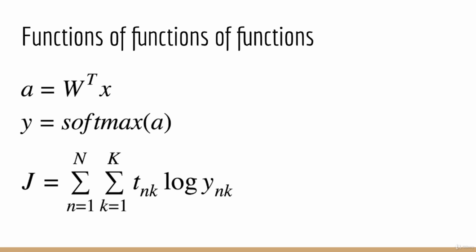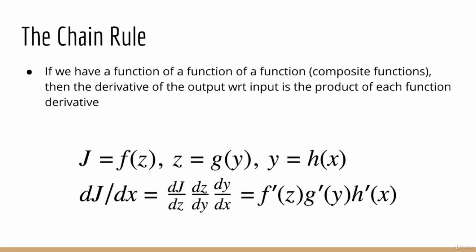The thing that's challenging about this is that we have a lot of functions of still more functions. In other words, the expression for J doesn't involve W directly. The expression for J depends on Y, Y depends on A, and A depends on W. So how can we find the derivative of J with respect to W? The answer is the chain rule.